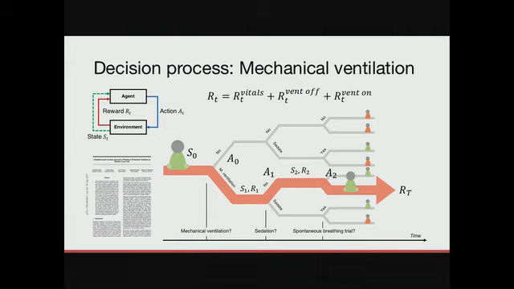And the idea of this paper is that you don't want to keep a patient unnecessarily on mechanical ventilation, because it has the side effects that we talked about before. So at any point in time, essentially, we can think about taking a patient on or off, and also dealing with the sedatives that are prescribed to them.